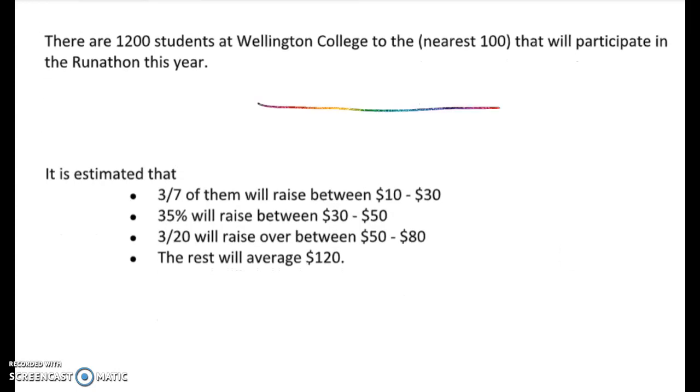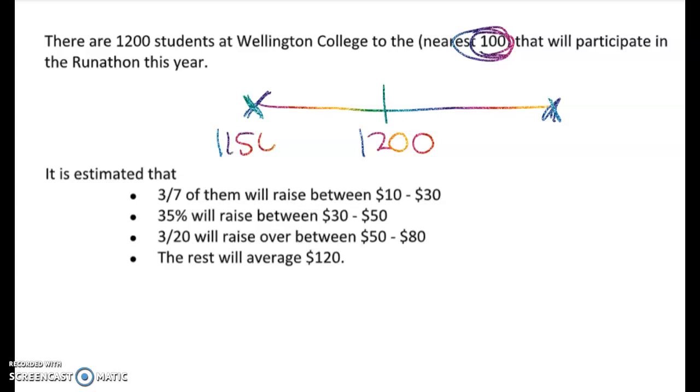So this 1,200 students thing means that it's to the nearest 100. That means that the lowest possible number of students is 1,200 take away 50. So 1,150 there and 1,250 there. When I'm working out the average case, I want to use the 1,200 number.